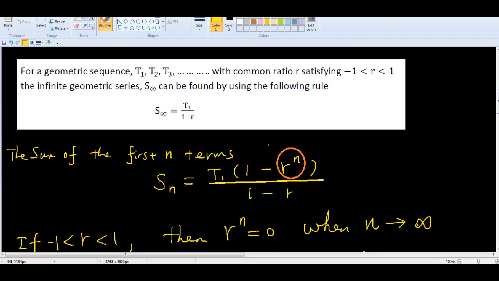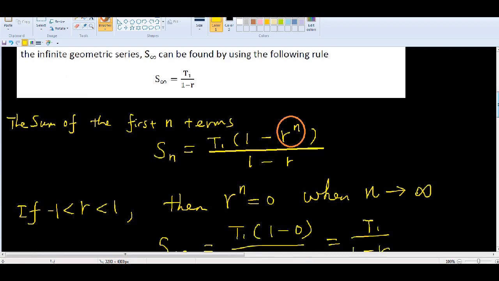If you remember the formula for the sum of the first n terms, Sn, and you understand that r is between -1 and 1, then when n becomes really big, r to the power n becomes 0. Then that formula effectively becomes the formula for our infinite sum.